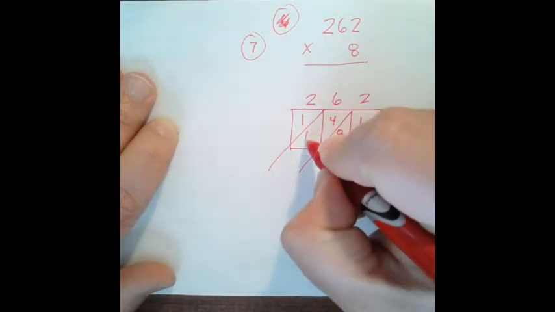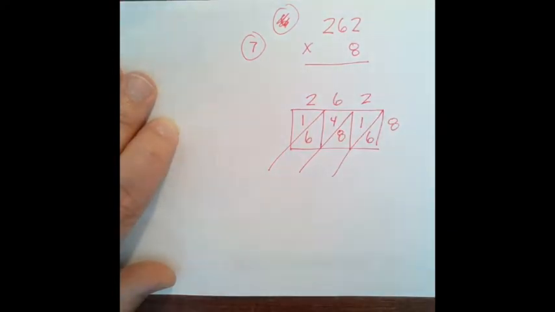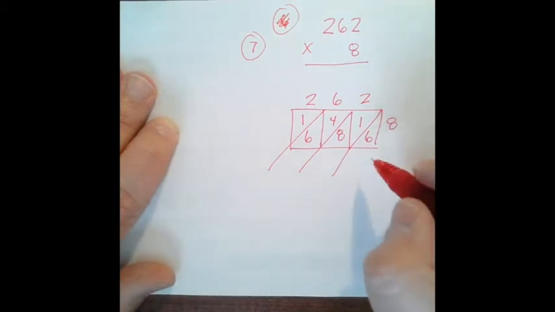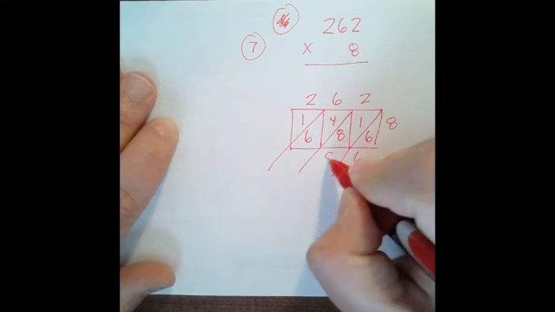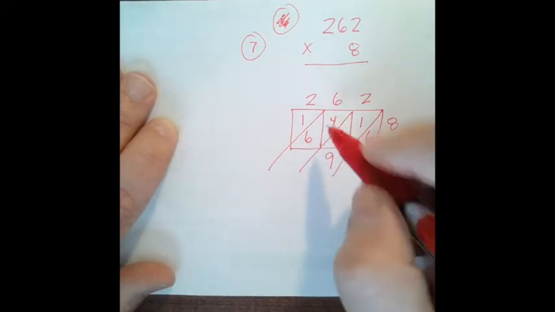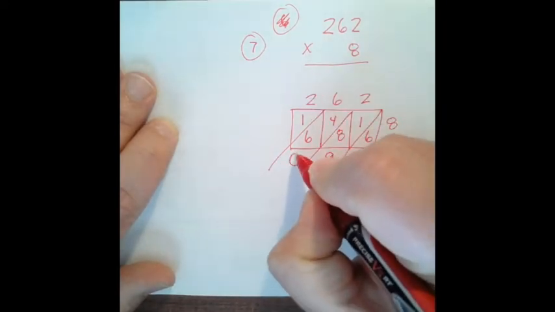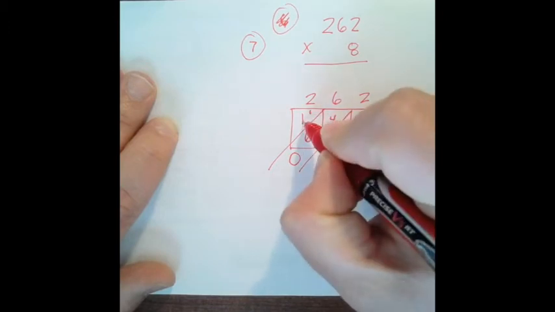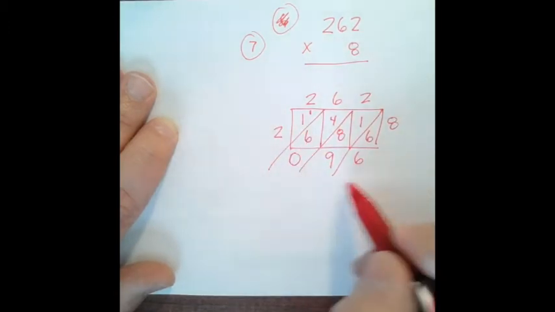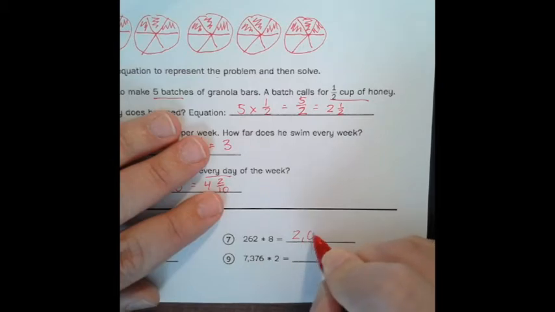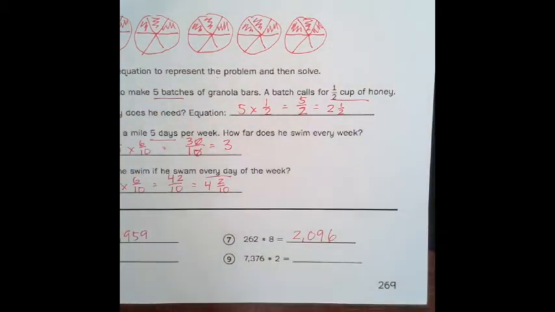Put your 1 here and your 6 here. So now you just add your diagonals. 6 plus nothing is 6. 8 plus 1 is 9. 6 plus 4 is 10. We put our 0 here and carry our 1 up here. 1 plus 1 is 2. For the answer, 2,096.